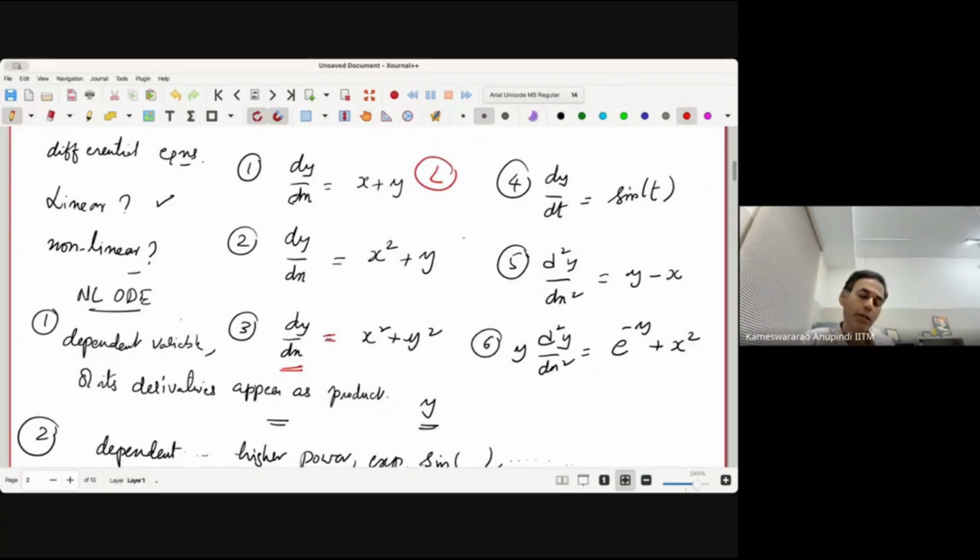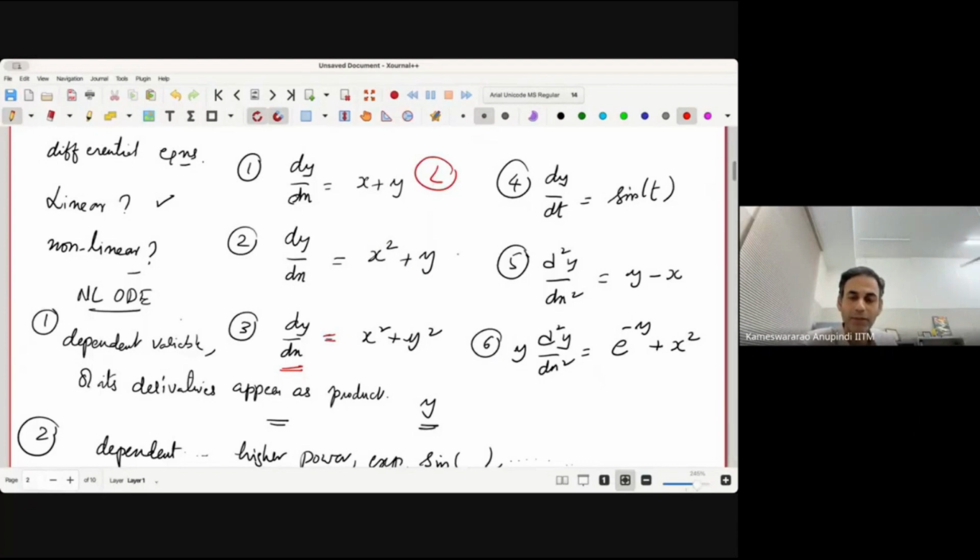Second equation, is it linear or non-linear? Second equation, do you call it linear or non-linear?